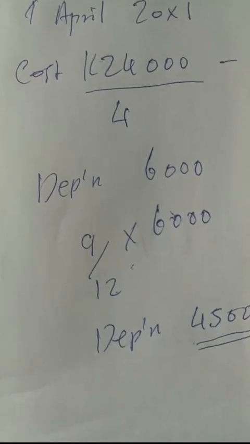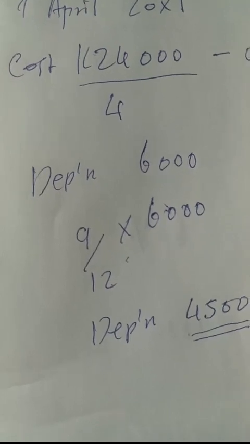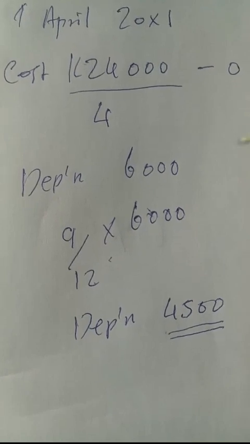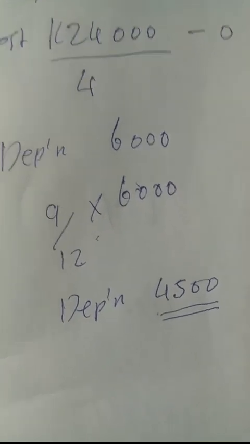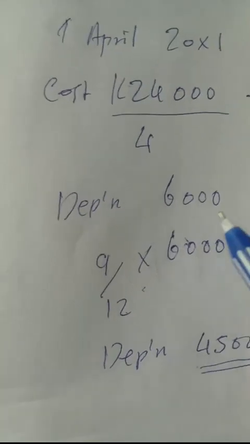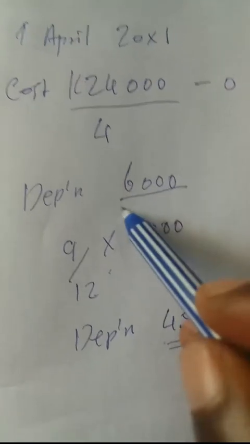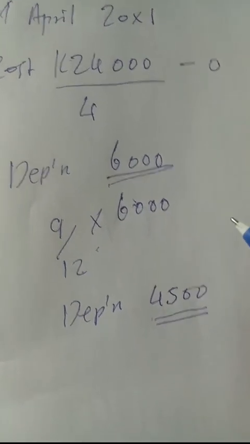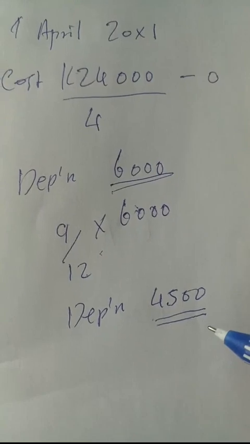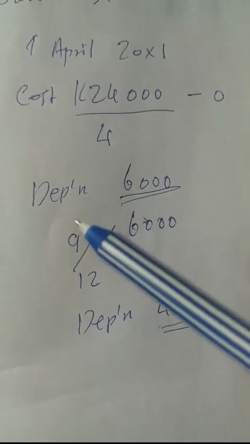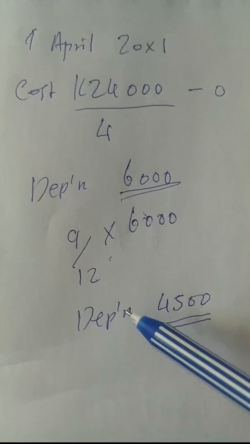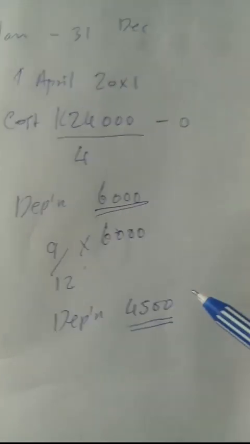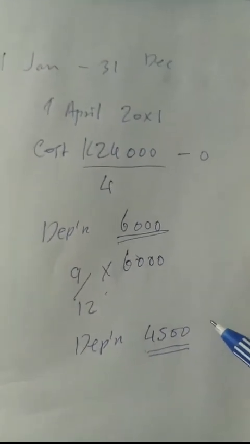In the following year, 20x2, like the question says, the asset will be there for 4 years, so the whole 6,000 as depreciation is going to be charged in the books, because this item will be available from January 1 up to December. This is how you calculate depreciation. The month in which the non-current asset is available also matters, so you need to get familiar with this information.